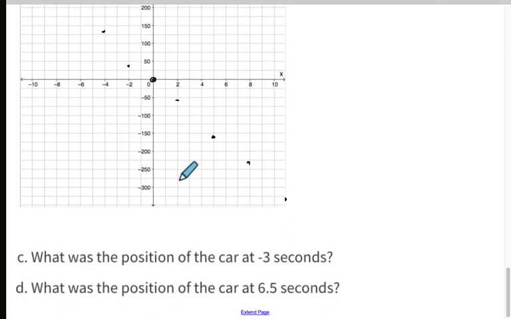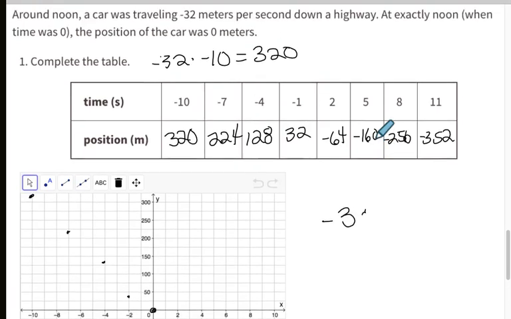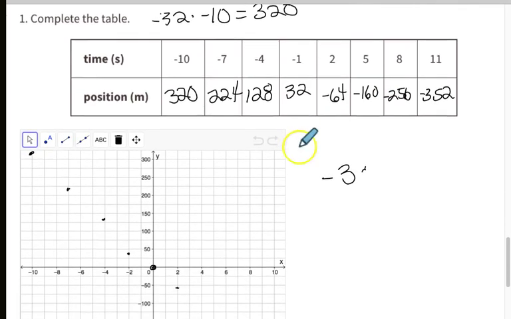What was the position of the car at negative 3 seconds? So if negative 3 was here, we know it would be somewhere between 32 and 128. So if I did negative 3 times, I know that the car is traveling negative 32 meters per second. So negative 3 times negative 32 equals a positive 96.